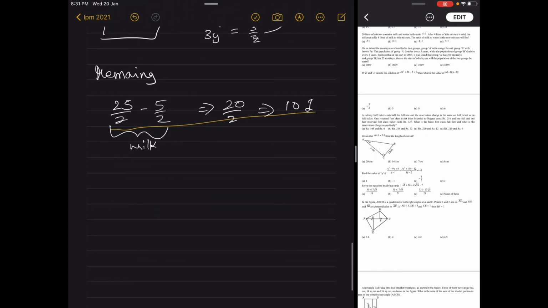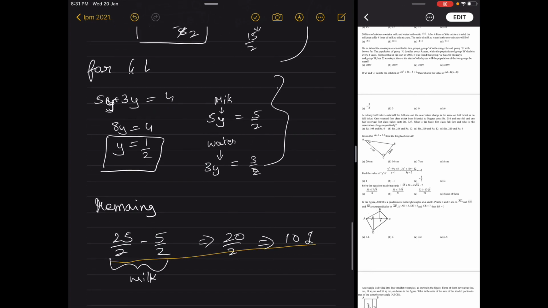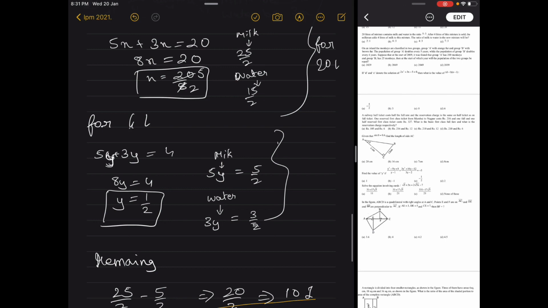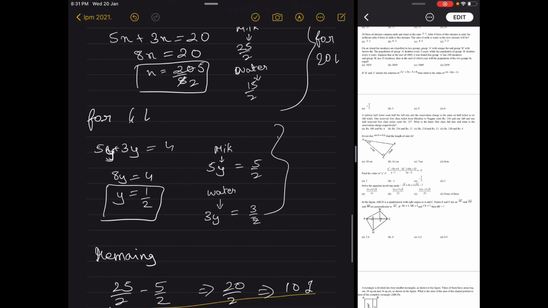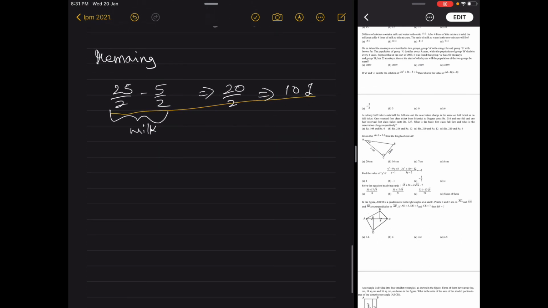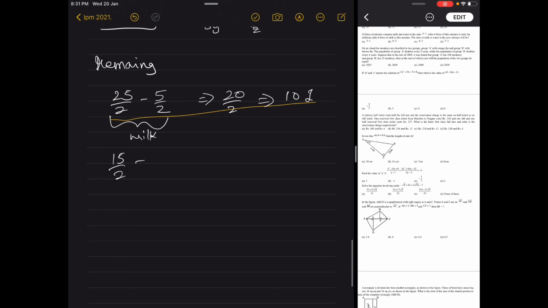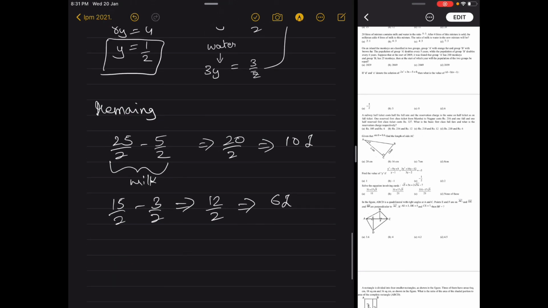Okay, then the next, sorry for the yellow line, it's a feature but it's sometimes disturbing also. Next, for water, the remaining of water, that is 15 by 2 minus 3 by 2, so it is 12 by 2, which equals 6 liters.